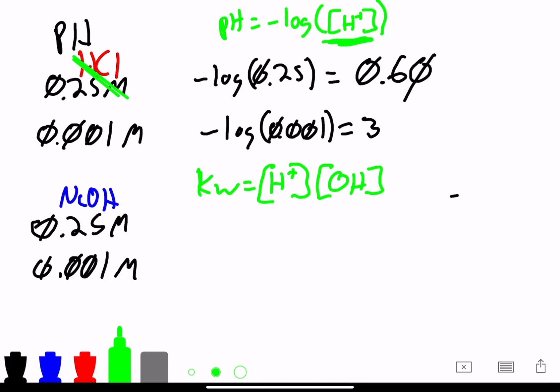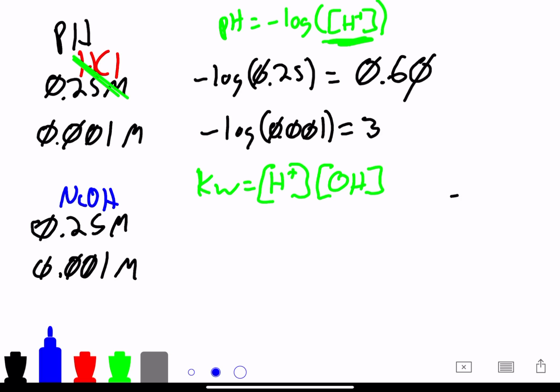So to solve these, the first thing we would have to do is find the concentration of H+ using this formula here. So we can rearrange this and divide Kw by OH, and that would equal H+. We divide each side by OH, and we end up with that equaling H+.